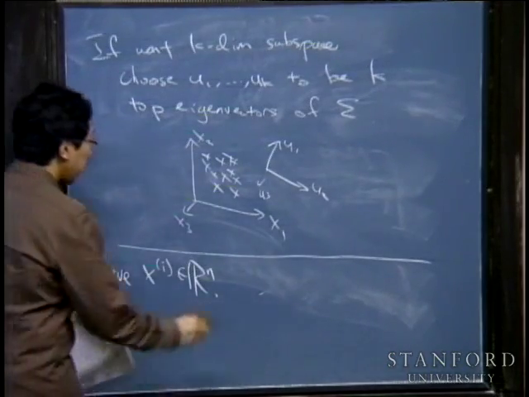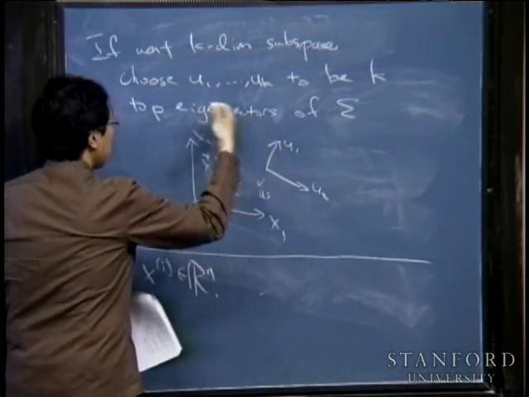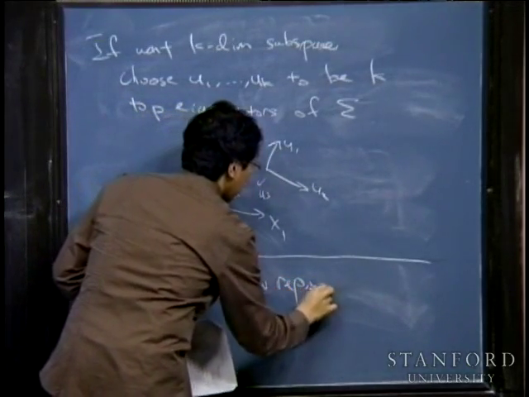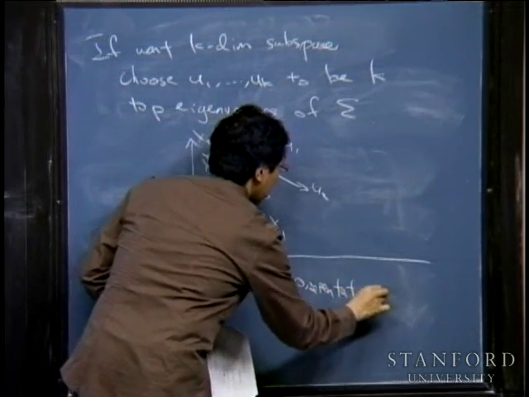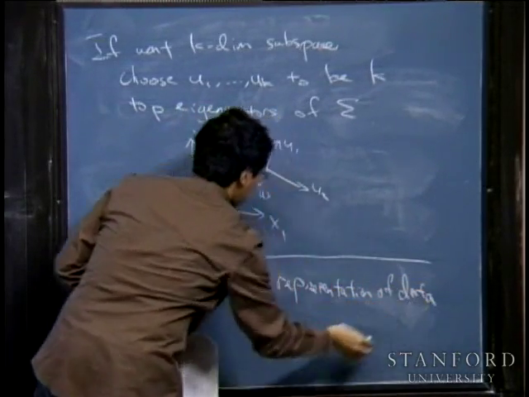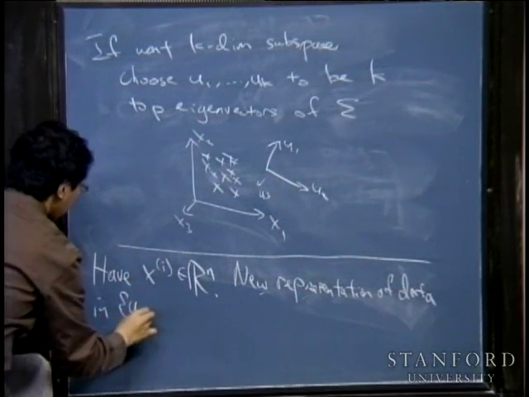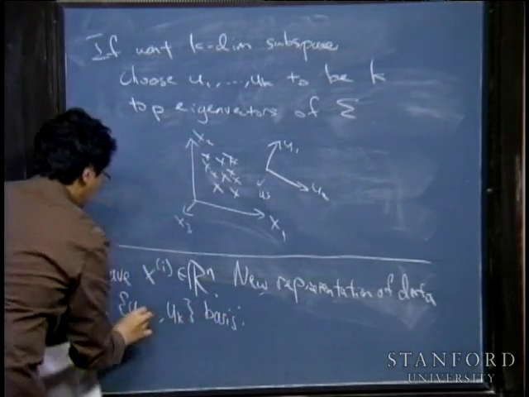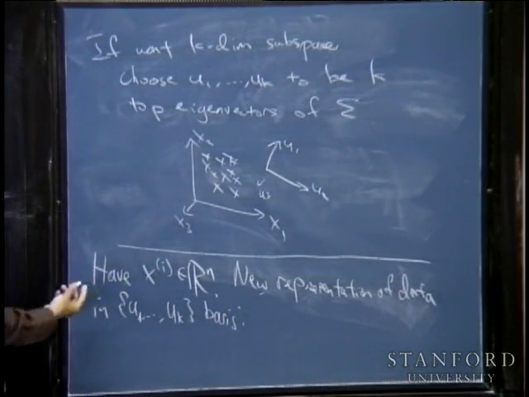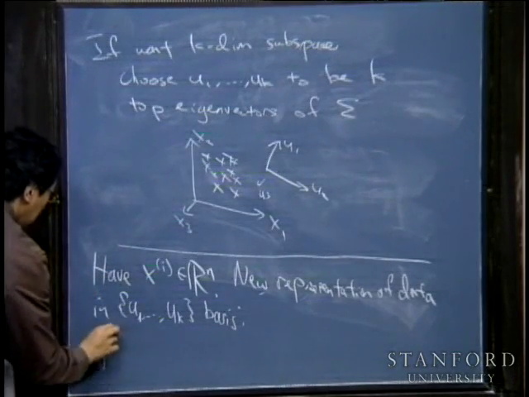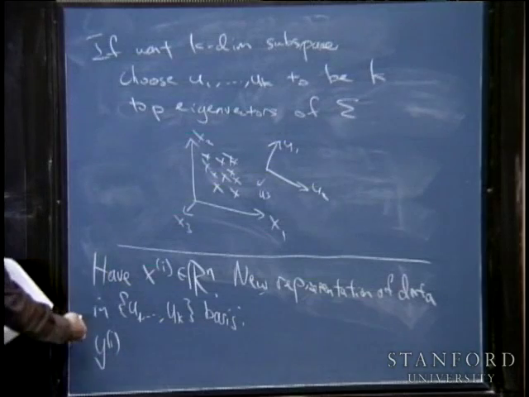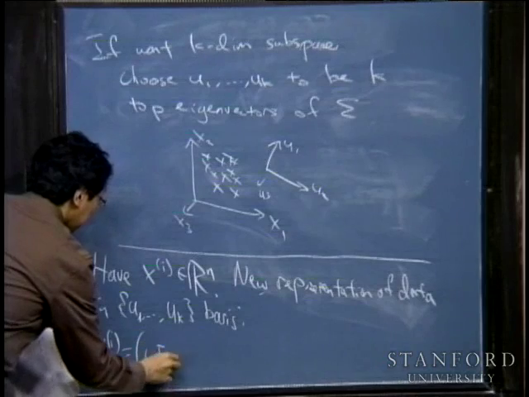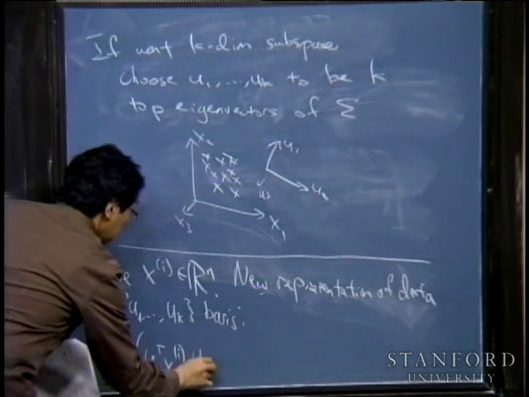And now, if I want to represent my data in this new basis given by U1 up to UK, I would take each of my original training examples xi and replace it with a different vector, which I call yi, computed as u1 transpose xi, u2 transpose xi, and so on.